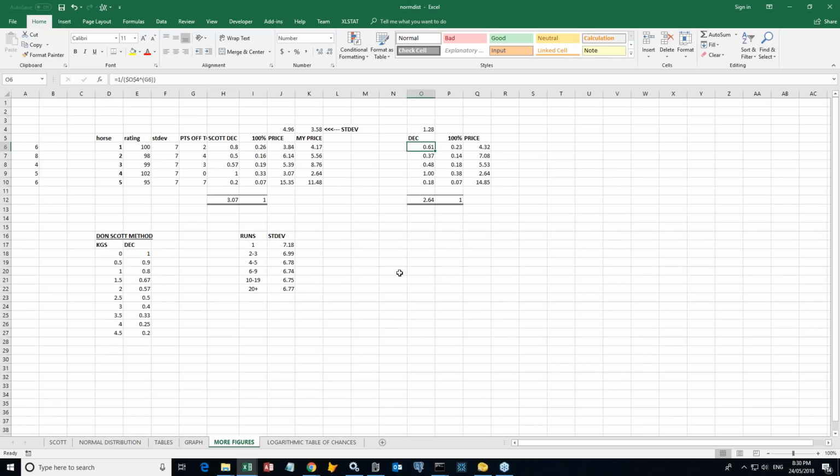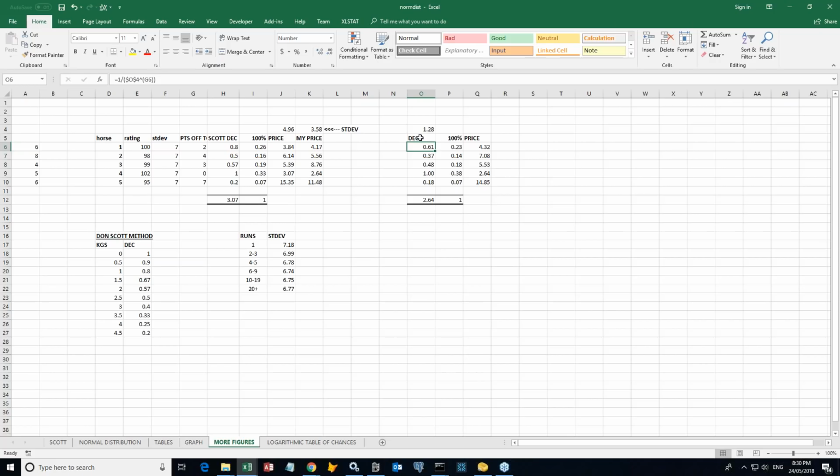I've got to explain this the best way I can, but essentially, because you don't have every horse being exactly 1 point off top, the formula is 1 divided by your factor, 1.28 in this case, raised to the power of how far off top you are.